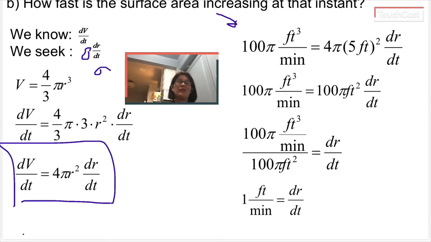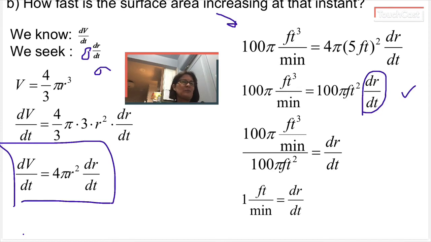You might decide to leave the units off and figure out the units at the end. They're both good options. So 100 pi cubic feet per minute is equal to 4 times pi times 5 feet all squared times dr/dt. Once I've replaced those, I don't have any variables left except dr/dt, and that's what I'm trying to isolate.